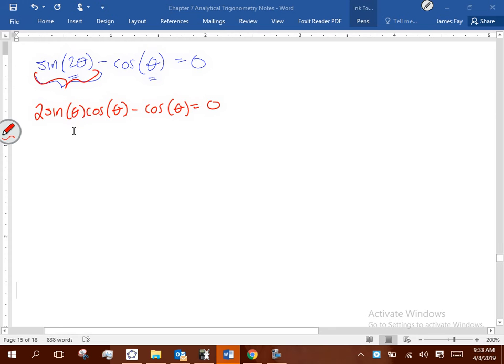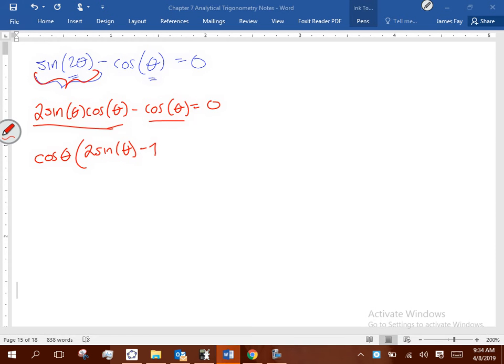Now when I make that substitution, this ends up being a really nice problem because what do you see happening between that term and that term? They have a what in them? Yeah, they have a GCF of cosine. So let's factor that out. I factor out cosine theta, it leaves me with 2 sine theta minus 1 equal to 0.